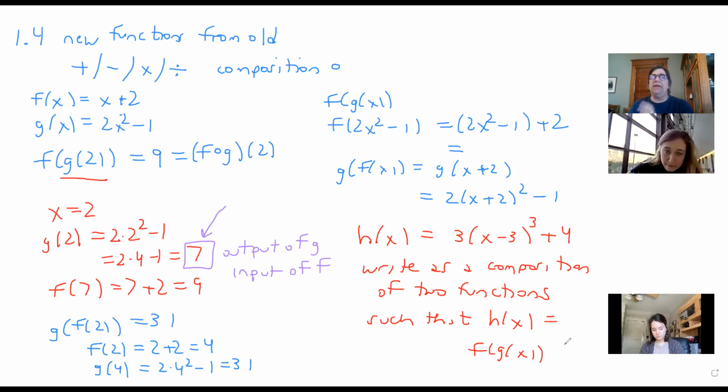This is where you take the answer and break it down into the two components that produce your function h of x. So a good way to think about it, just like you would over here, this is your input.